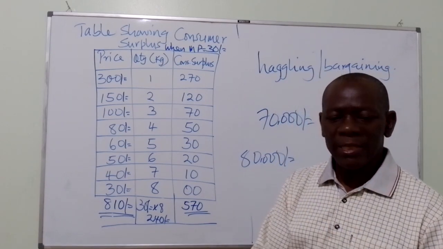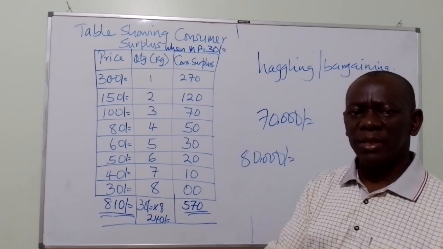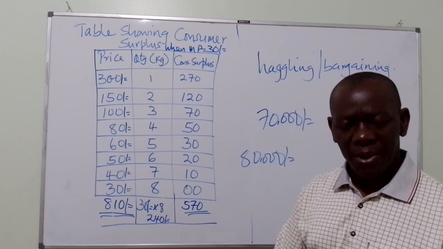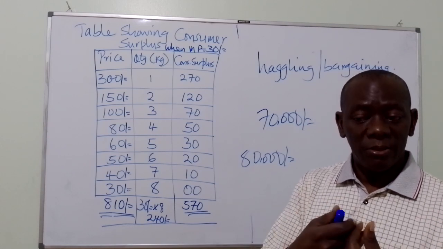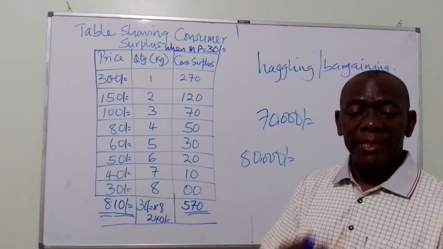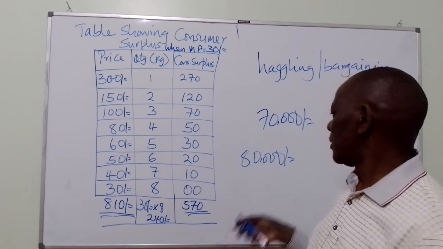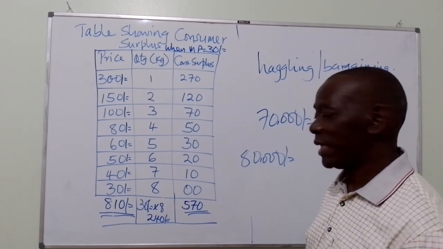If finally he accepts to take 70,000, that means you have no surplus. You have spent on your utility. Your utility on the product was 70,000, and it is actually what you have got. That's what you have got from the product.